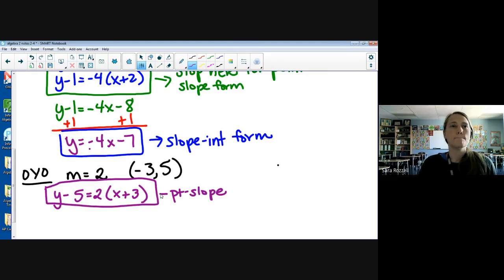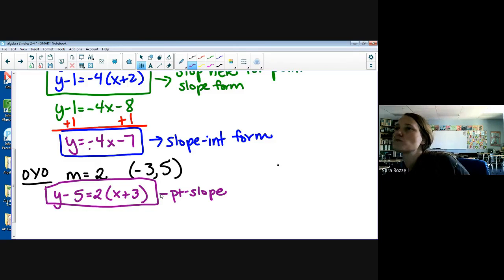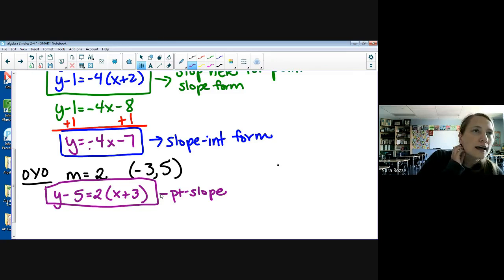Almost. Shalia, make sure you distribute your 2 times x and 2 times 3. Kimberly, yes. Jayla, it was already a negative 5, so you have to add the 5 on both sides.